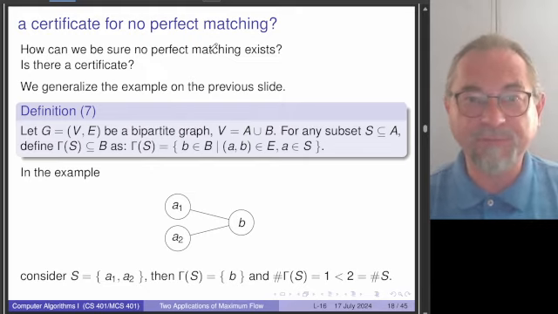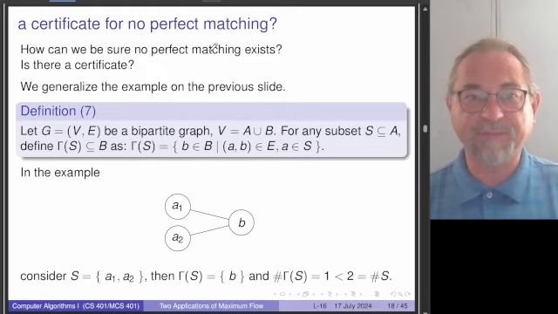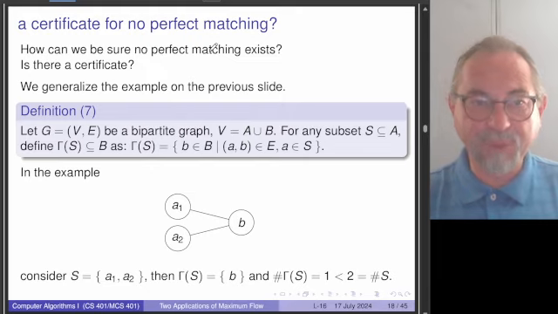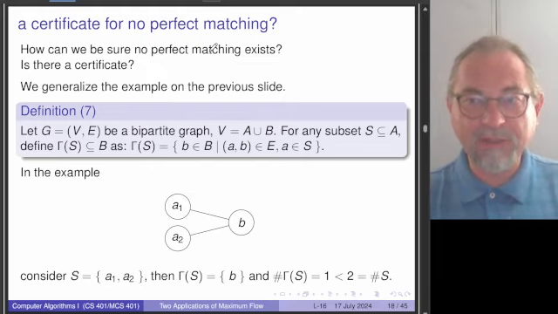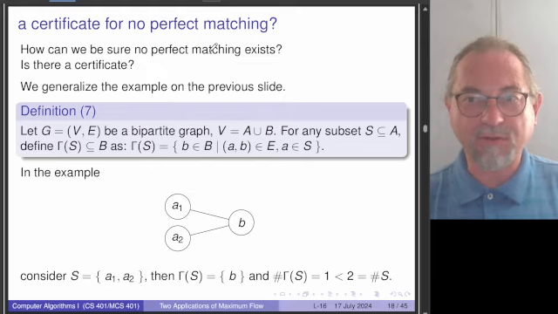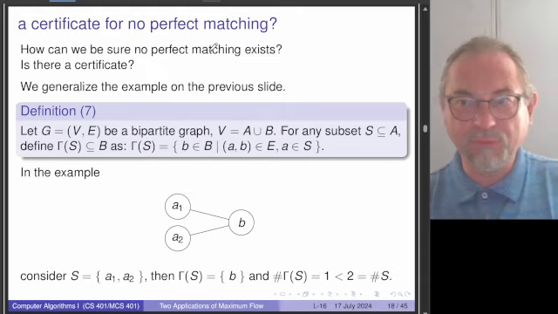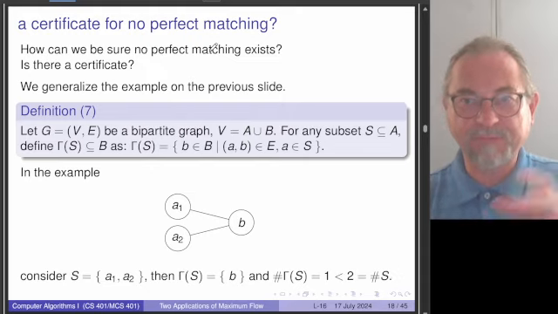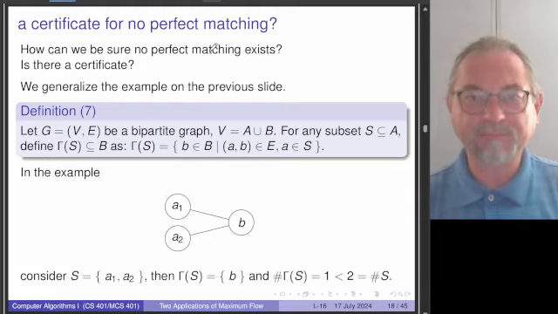So we want to find a subset of the first set such that if we compute all the points they are connected to in the second set, that set is smaller. Again, you have too few jobs for which you have qualified workers.